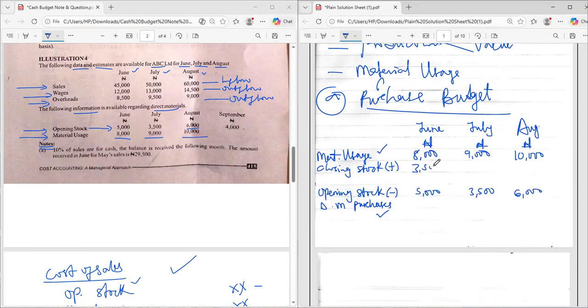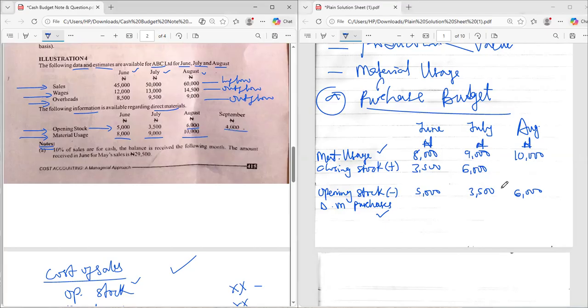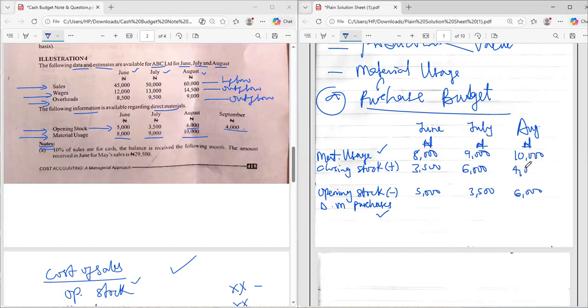The opening stock of July was actually the closing stock in June. 6,000 is the opening stock of August, which means it was the closing stock of July. Then we have 4,000 in September, the closing stock.